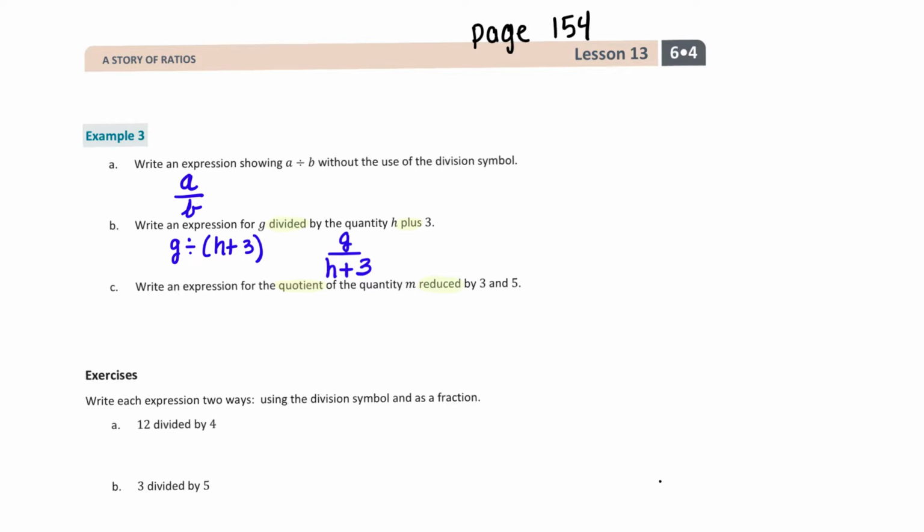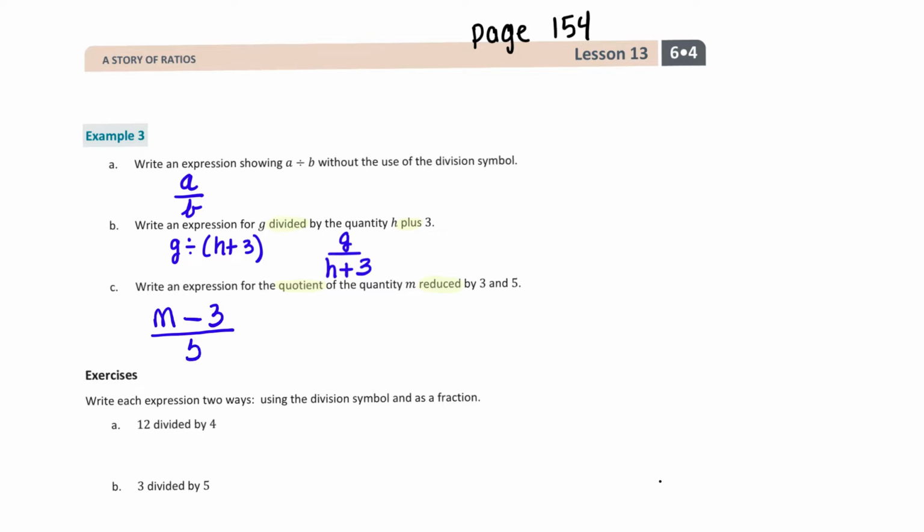So it's the quotient of the quantity M reduced by 3 and 5.